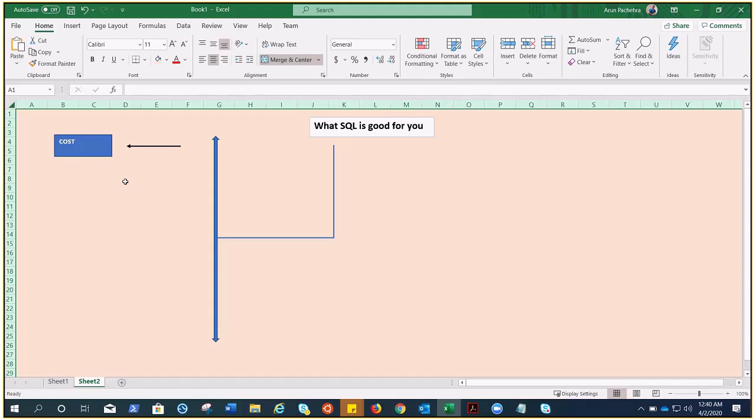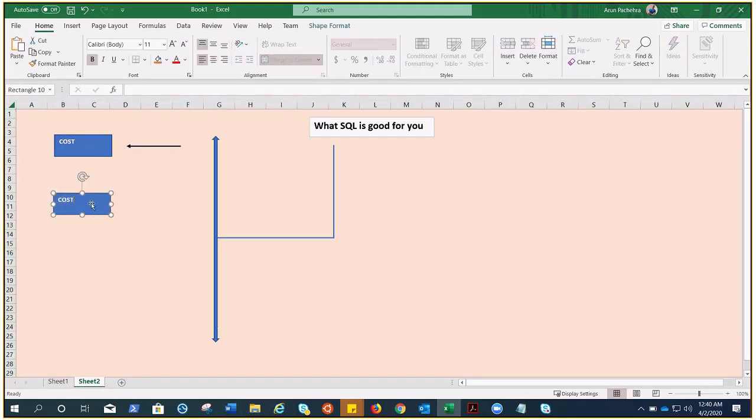Then we have another option here, which is administration, which is correlated to the first point. Because with PaaS SQL, you only need to worry about the database.